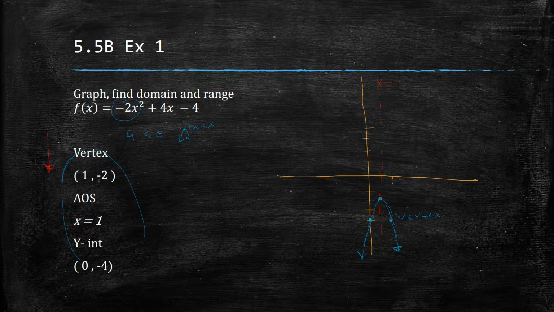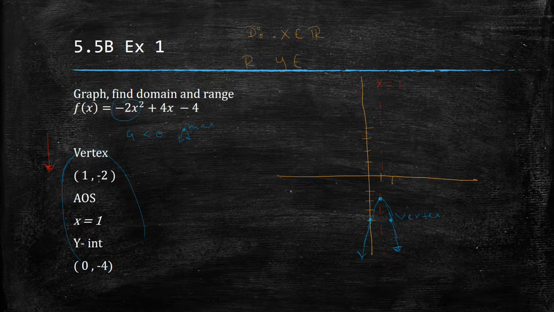So let's go ahead and talk about the domain and range. Remember that the domain for all parabolas is all real numbers. So we know that it's any value for x belonging to the set of real numbers. Now the range is a little bit different. It's going to be any value for y belonging to the set, and then we have to define the set.